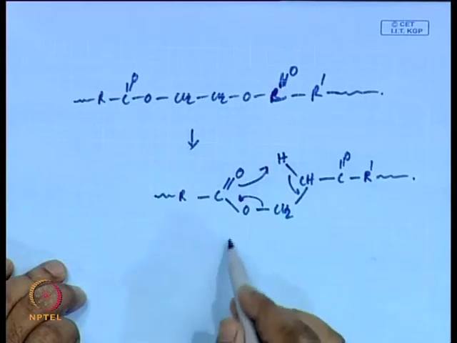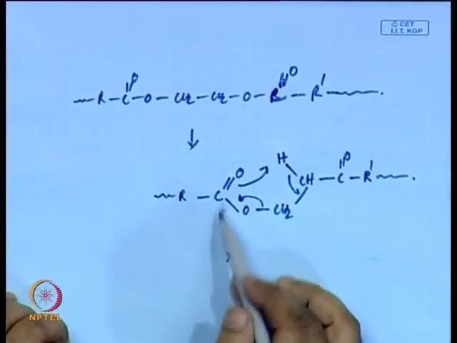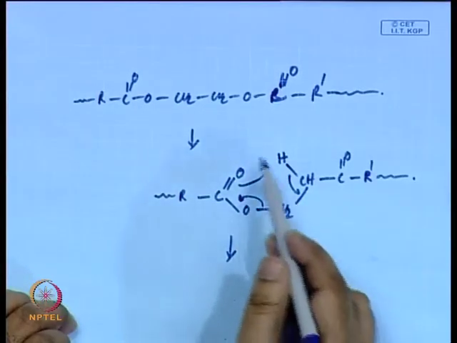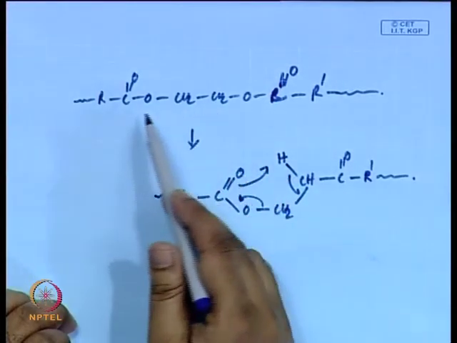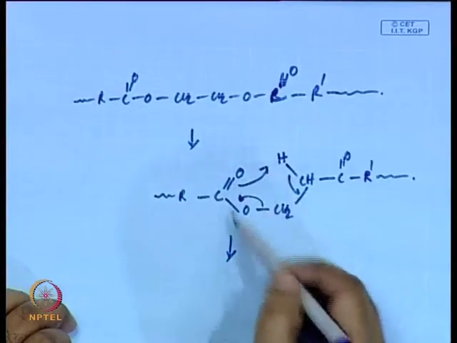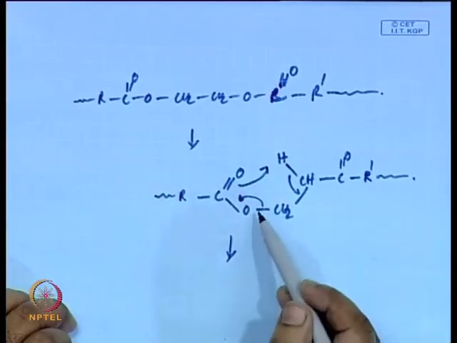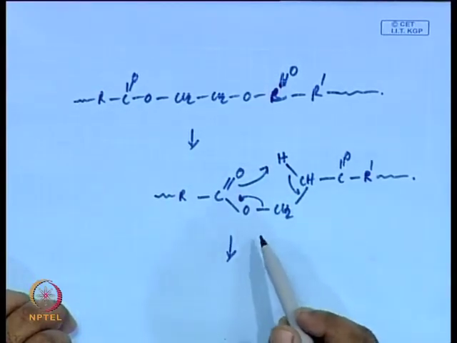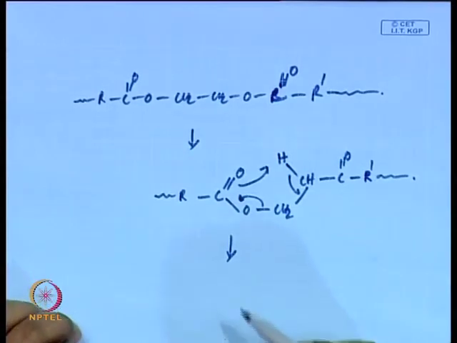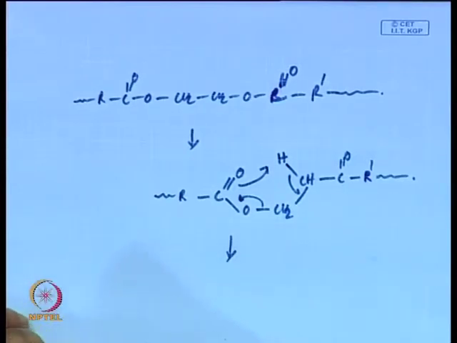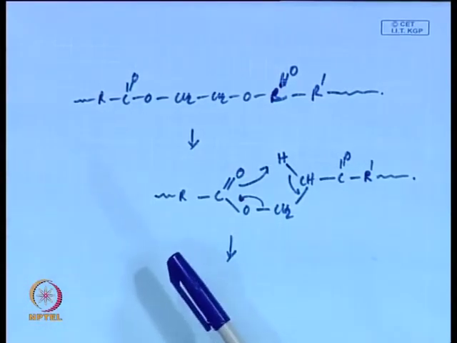With this you can generate a free acid group and an alkene group here. This is very common if you have a beta hydrogen present: by a 6-membered concerted reaction, it might do a side reaction and you can end up with new functional groups or new products which might give you color at the end of the reaction. So, that is one example.